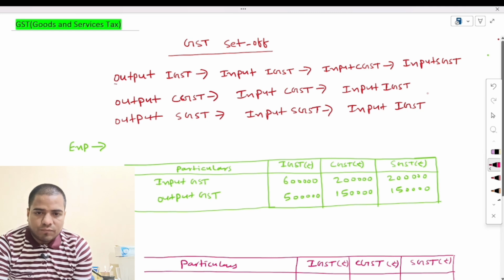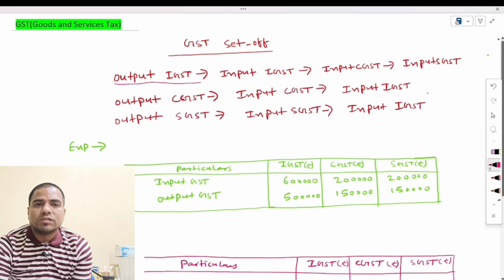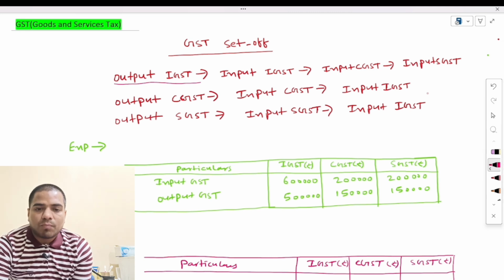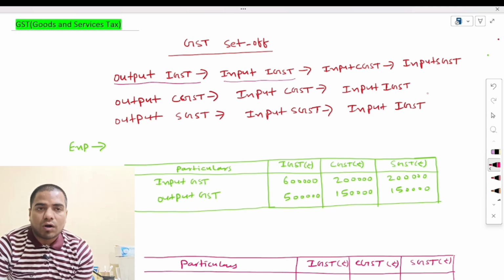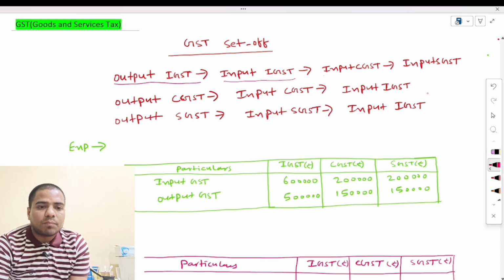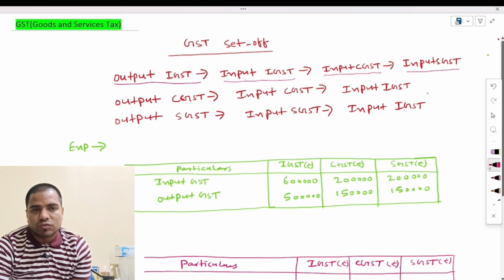Output IGST. First of all, we have to set off the output IGST amount with the input IGST amount. If it is remaining, if output IGST is more, then we have to use the input CGST amount and input SGST amount also for set off.